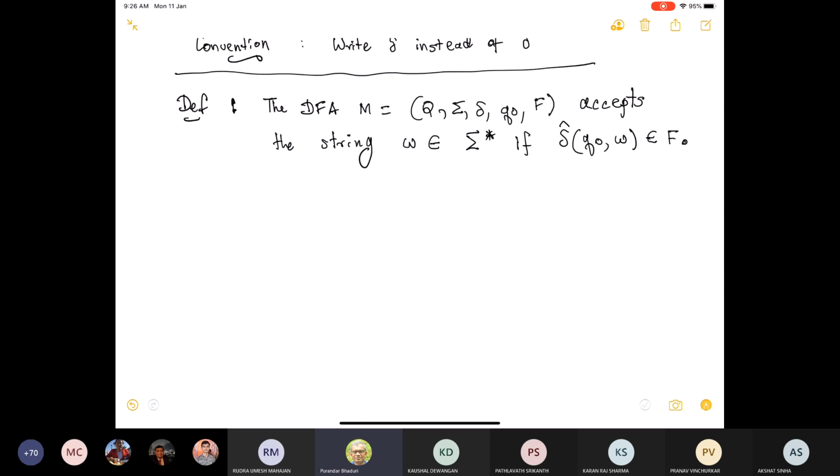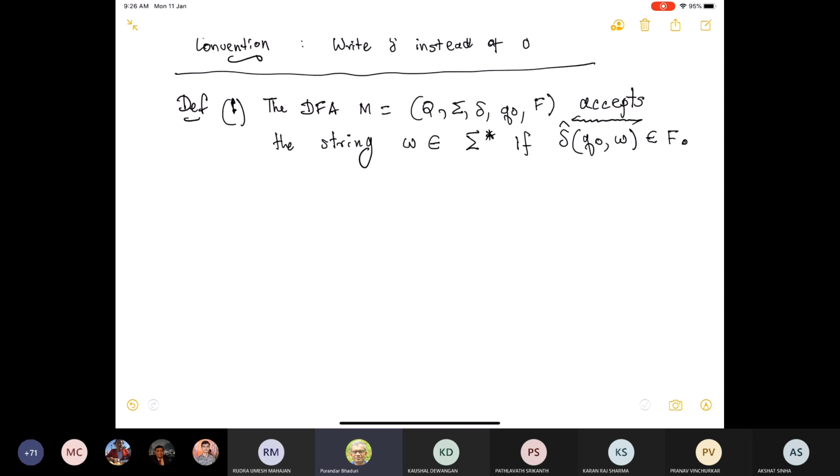So that's the first definition. This is the notion of acceptance. When do we say that a machine accepts a string? Essentially, it means that starting in the initial state, it'll land up in a final state after processing the entire string.